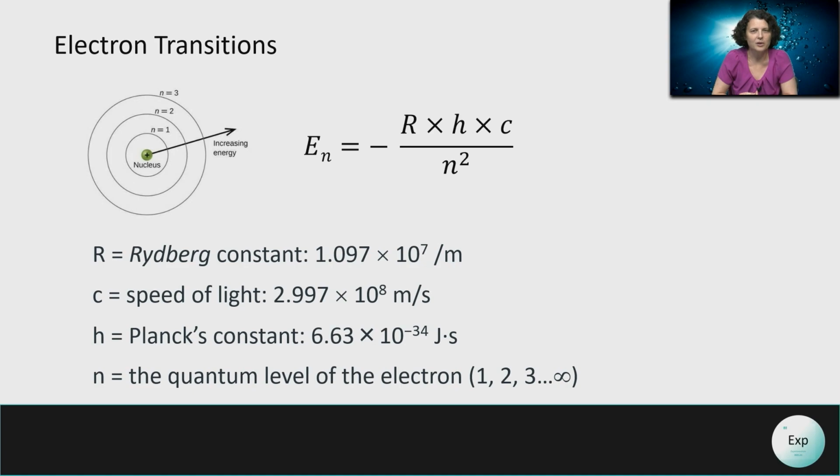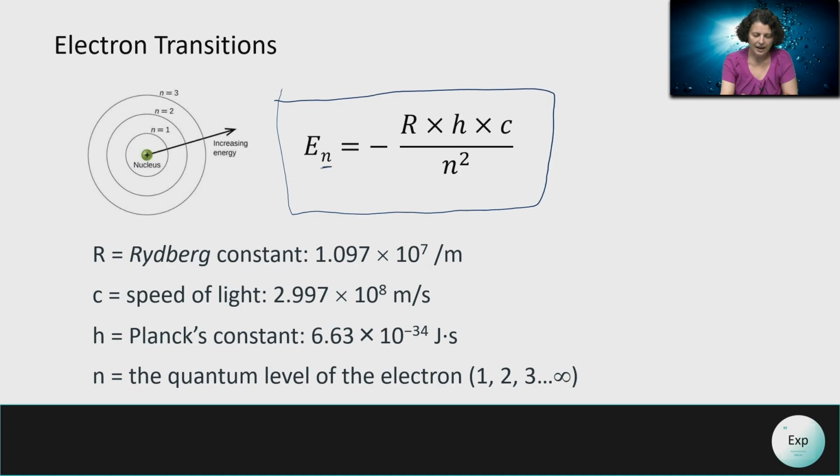The electrons are moving around in orbits. Those orbits are going to have different energies associated with them. And the energy of each orbit can be easily calculated using this formula. Here, E stands for energy, n stands for the number of the orbit that we're looking at.